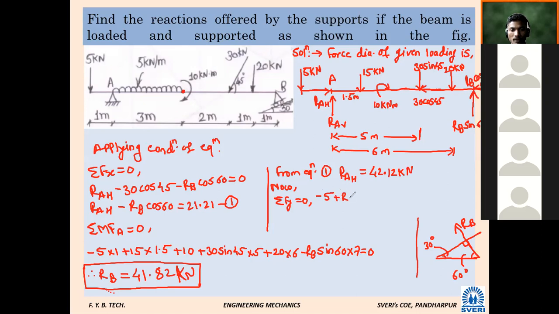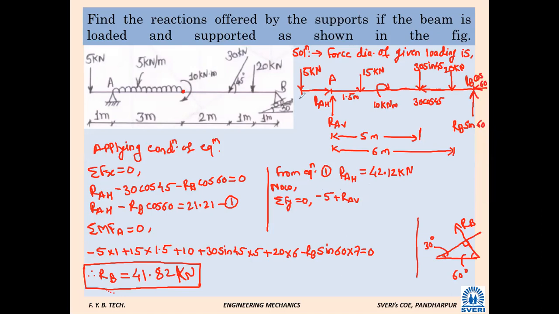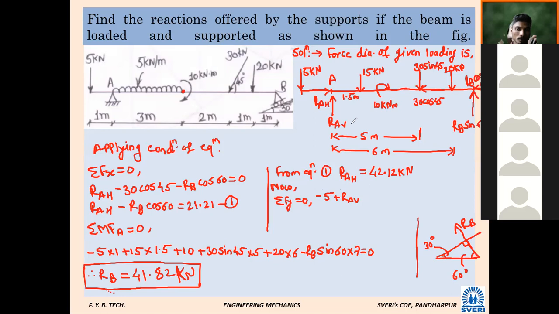Then plus RAV, minus 15, minus 30 sin 45, minus 20, minus RB sin 60, plus RB, which we have calculated, equal to 0.